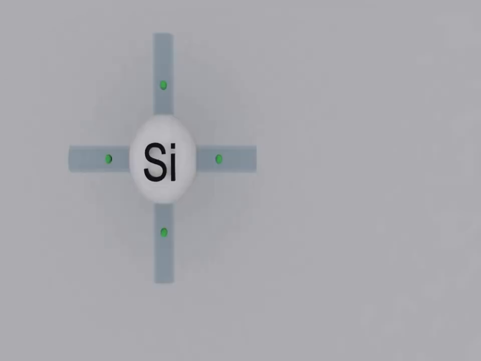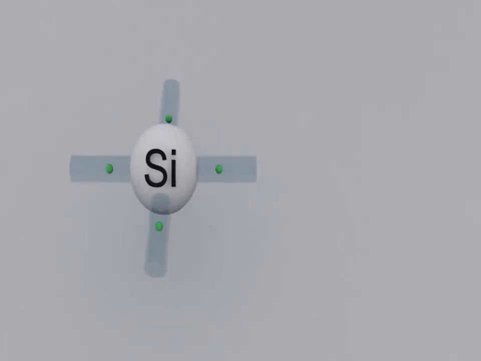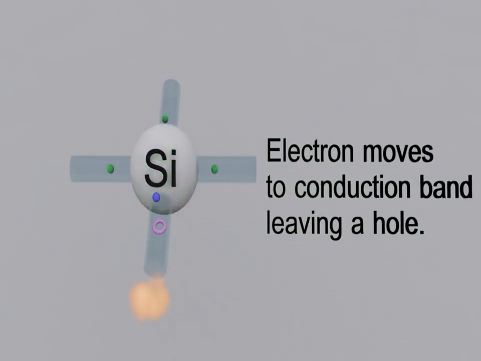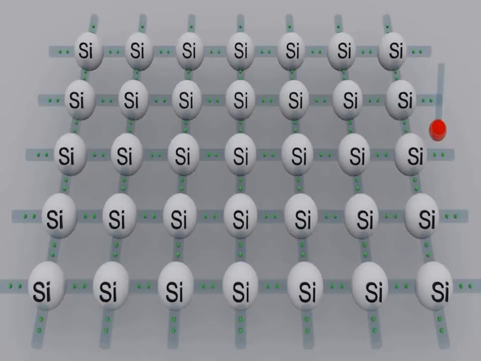You can see it's in group 14, so it has 4 valence electrons. If I heat it enough, then one of the electrons might move into what's called the conduction band and leave a hole. It isn't a literal hole, but it's called a hole. It's the lack of an electron. Shining light of the correct frequency on the silicon may also do this.